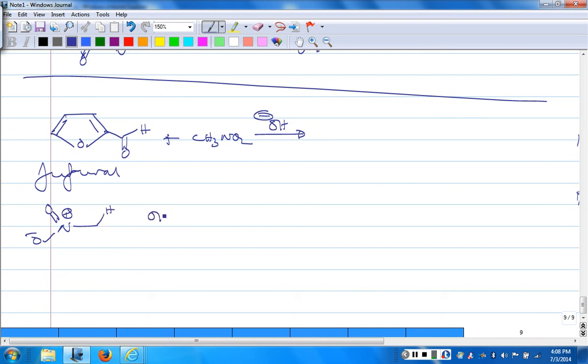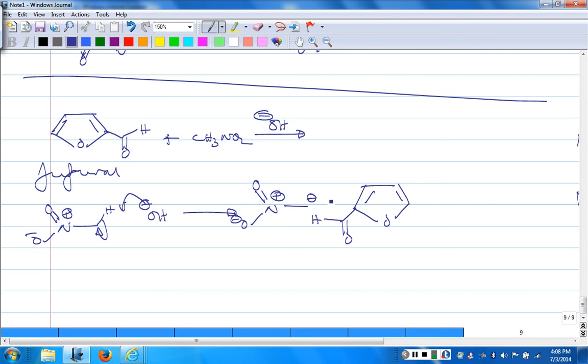So I would start off by saying, what will happen is the nitromethane will be deprotonated to generate not an enolate, but an enolate type species. It actually has a name, but we're not going to get into that. There's enough vocabulary for you guys to learn. That entity can function as a nucleophile, the same way the enolates do. And aldehydes are wonderful substrates for these types of reactions.